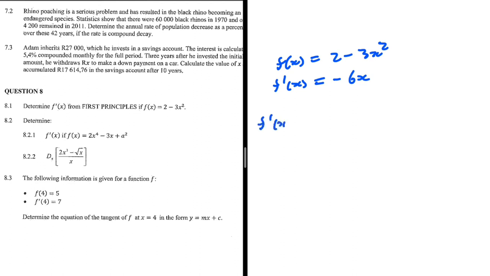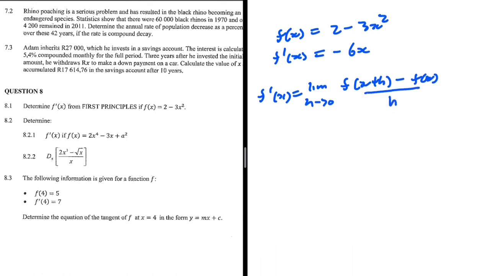f prime of x should be equals to, using first principle, the limit as h tends to 0 of f of x plus h minus f of x, everything divided by h. So let's just calculate f of x plus h separately. We're going to have 2 minus 3, and then in place of x we have x plus h squared.